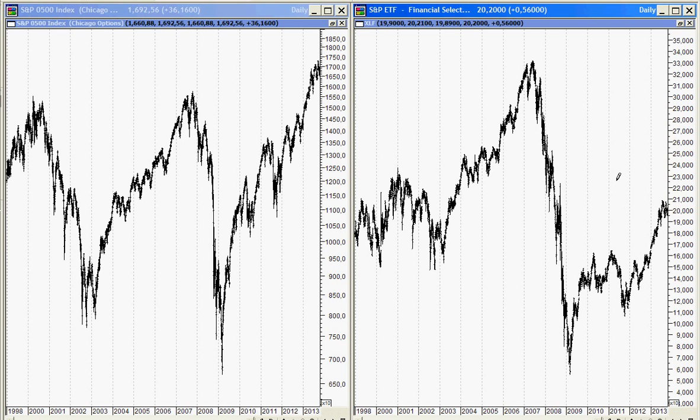So very high beta, high correlation, and, how do you say in English, an option if you want the financial sector, even an option on the S&P 500 index.